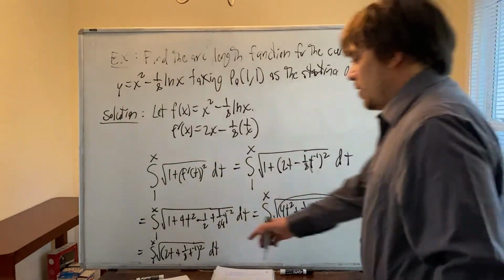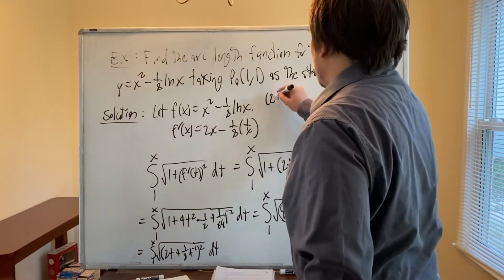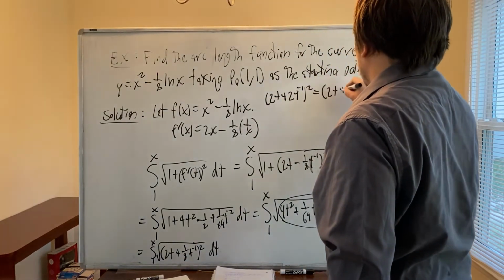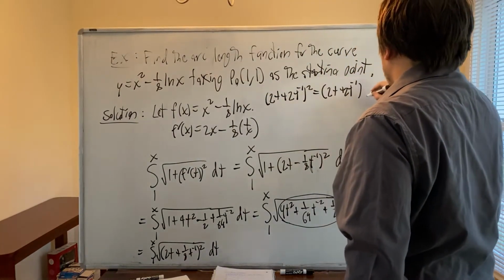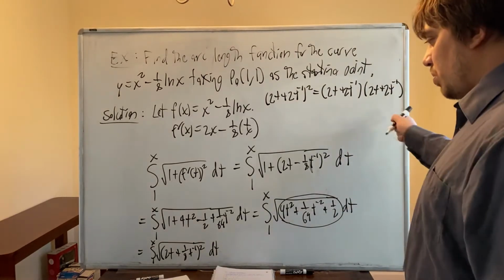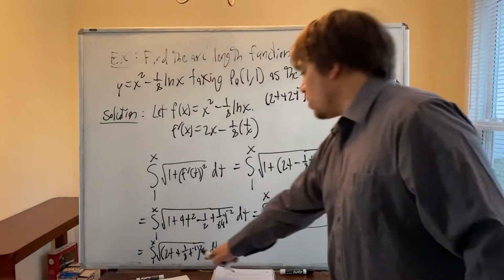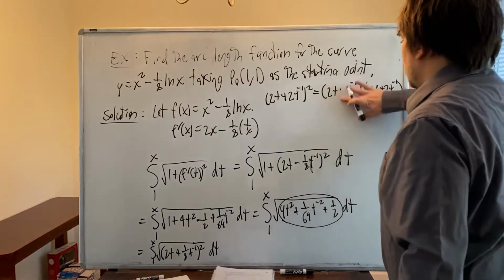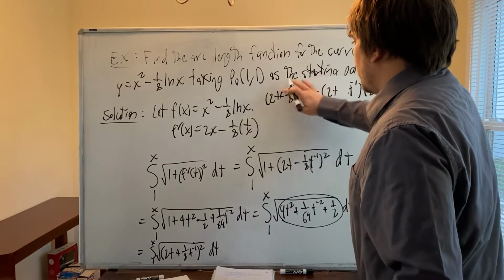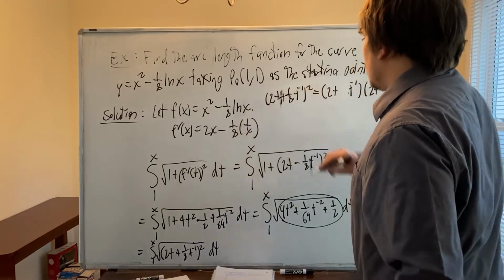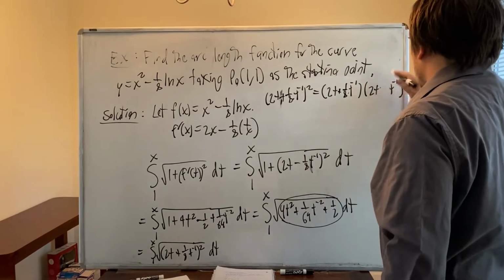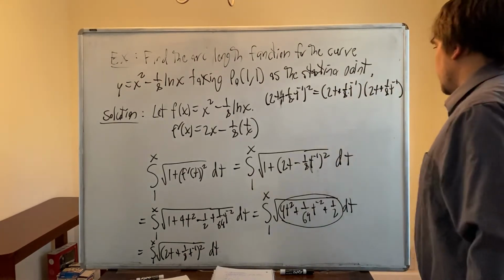If you take this thing and square it, (2t + 1/8 t^-1) squared is equal to (2t + 1/8 t^-1) times (2t + 1/8 t^-1).